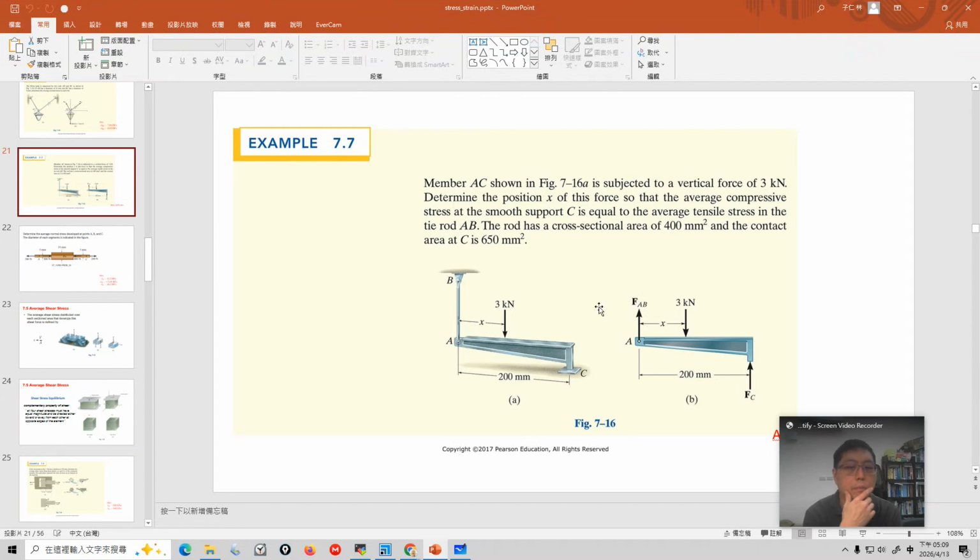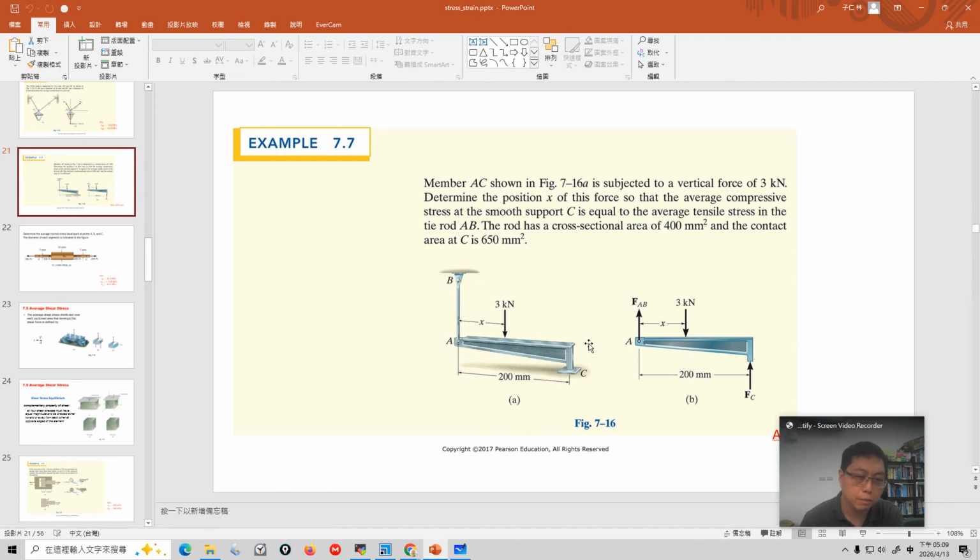But some students have an issue. They know we have to do the rigid body equilibrium on AC, but they don't know the direction of force AB and force C. Under this condition, can we really solve the problem?